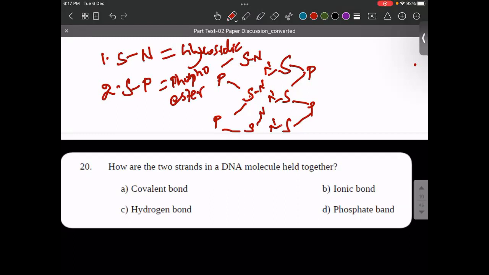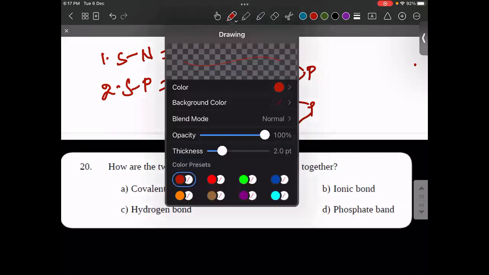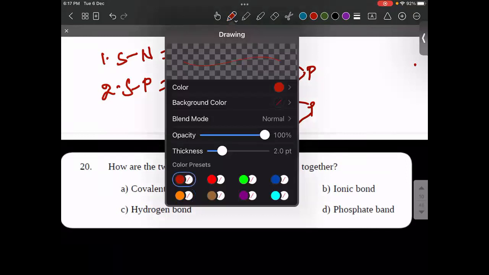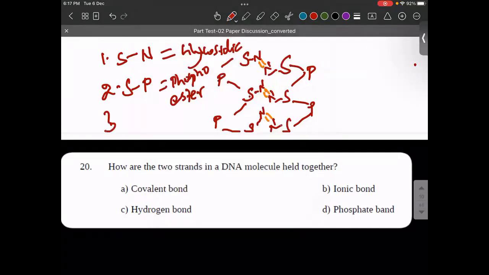And then here, the two strands, the nitrogenous bases are held. Two complementary strands are held together by what bond? The answer is, between nitrogenous base and nitrogenous base, it is actually the hydrogen bond.